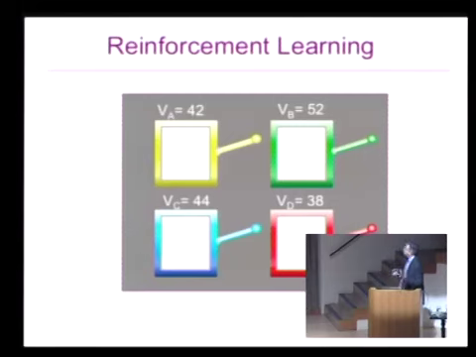You have this for each trial. As you make choices, you'll have predictions for each of the machines, and those predictions will change over time. For example, here we might predict that the subject should think that the green machine pays out the most, whereas the red machine is not doing so well. It's only paying out 38 points. And this will change over time.